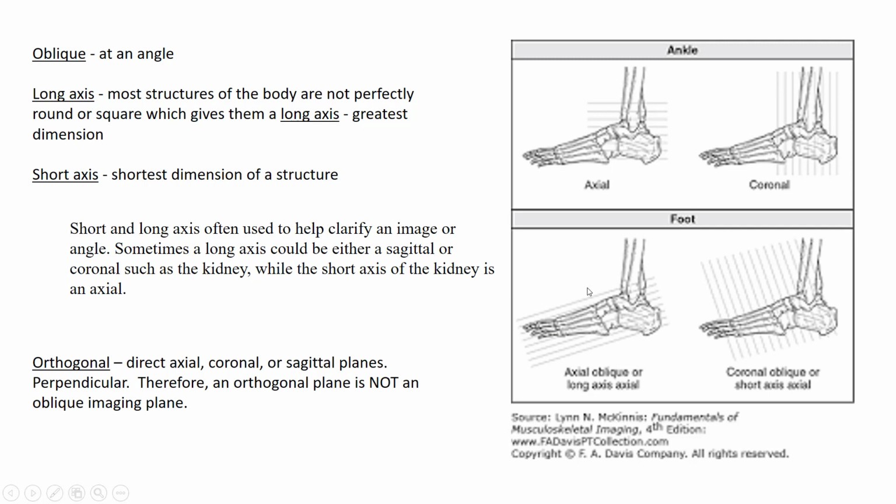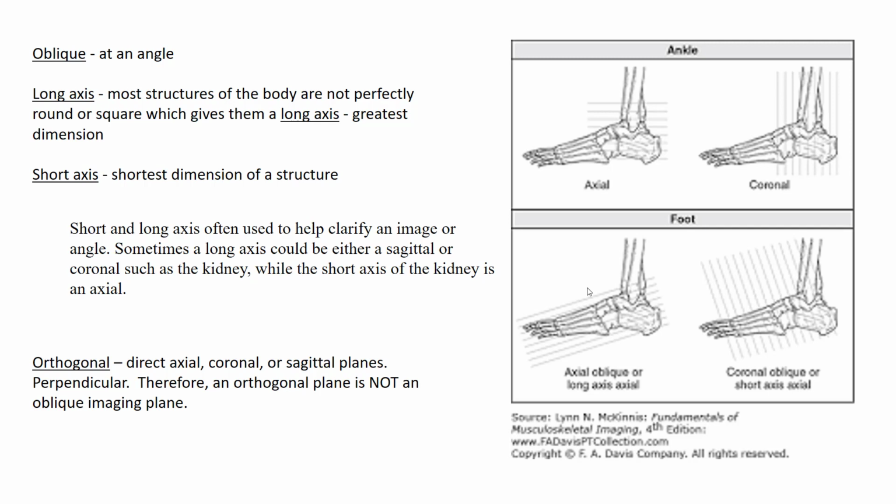Probably the easiest piece of anatomy that I can think of to describe a long axis and a short axis is the thigh bone. When you look at the thigh bone directly as if the patient's facing you, which is the most common way for us to look at the hip bone, especially on a radiograph, either that view, the coronal view, or the sagittal view will give you the long axis of that bone. You will see the most of that bone that you can in a sagittal or coronal plane.